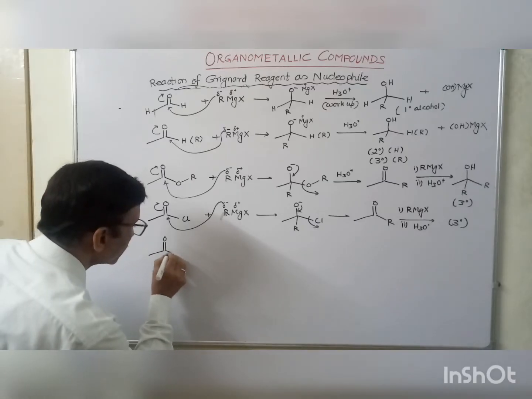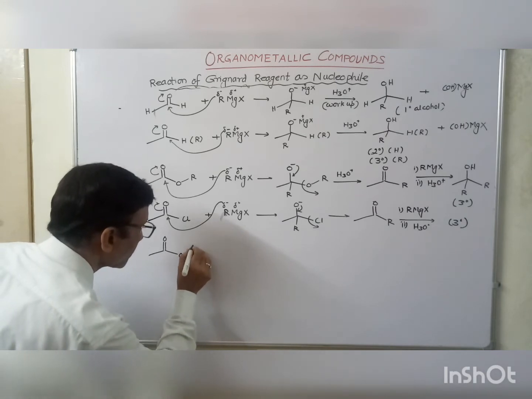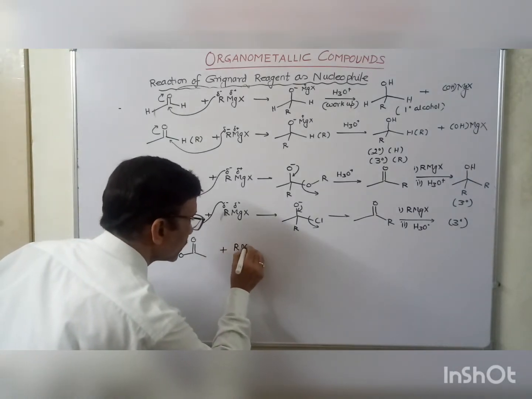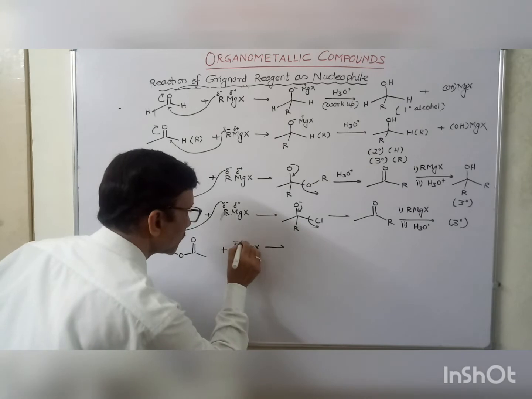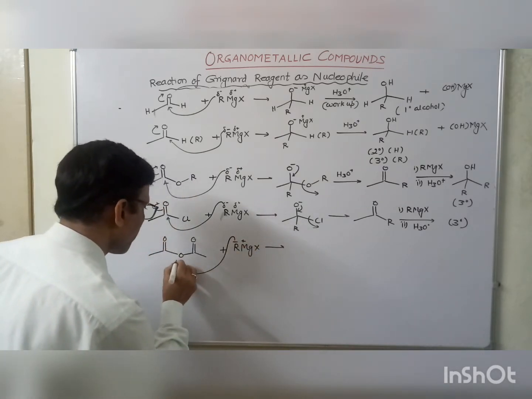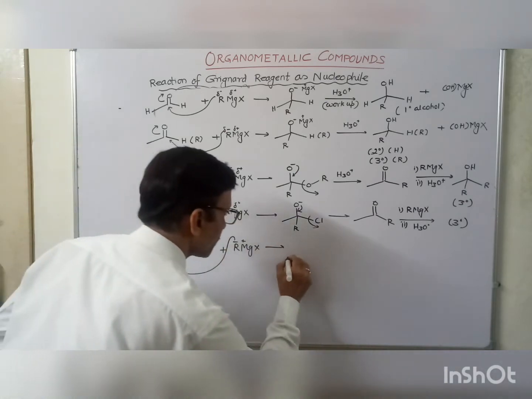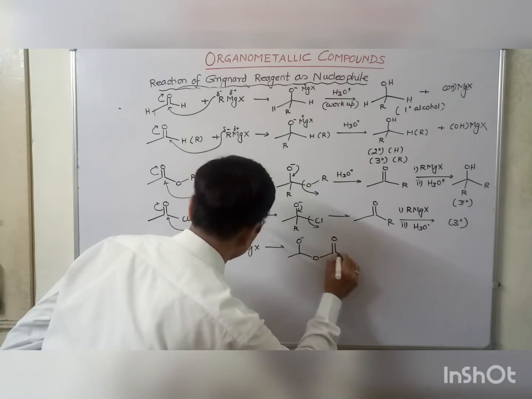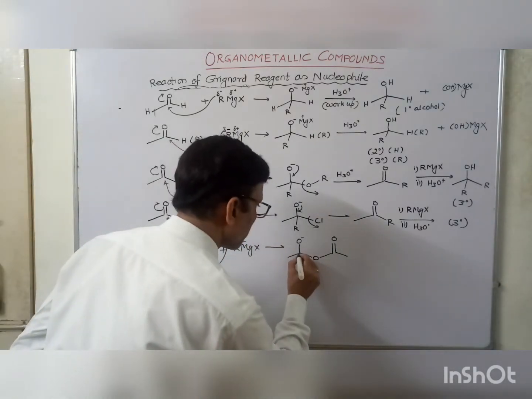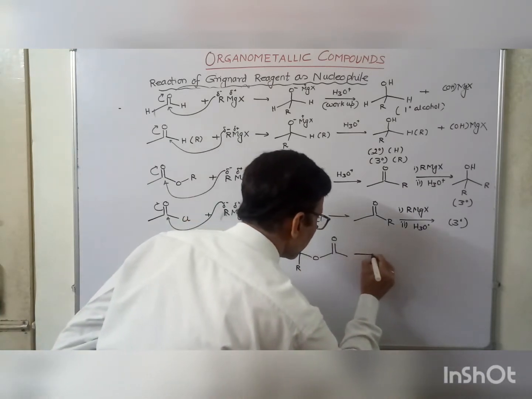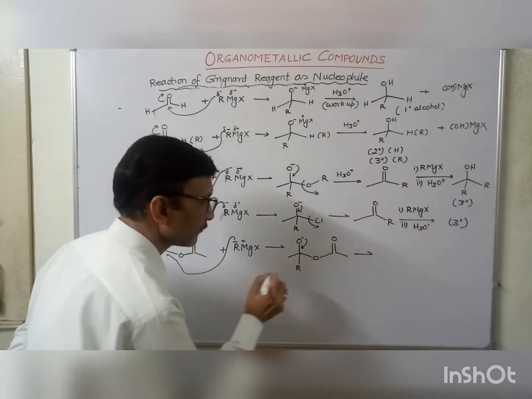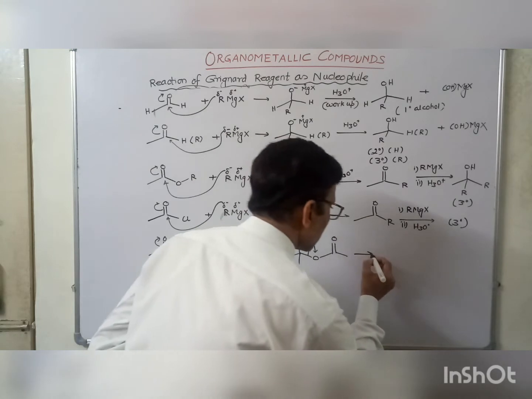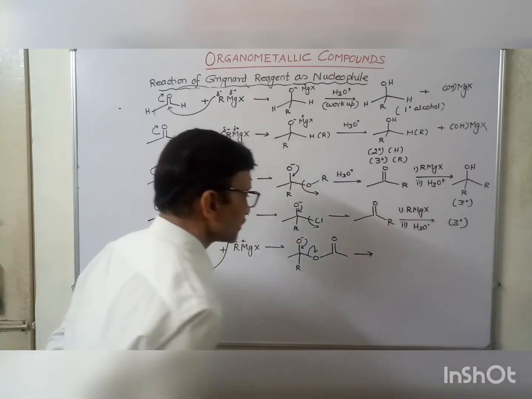Suppose if you are having acetic anhydride, so acetic anhydride will react with the Grignard reagent, and in the next step this pi bond will again regenerate, and this acetate ion will leave out.